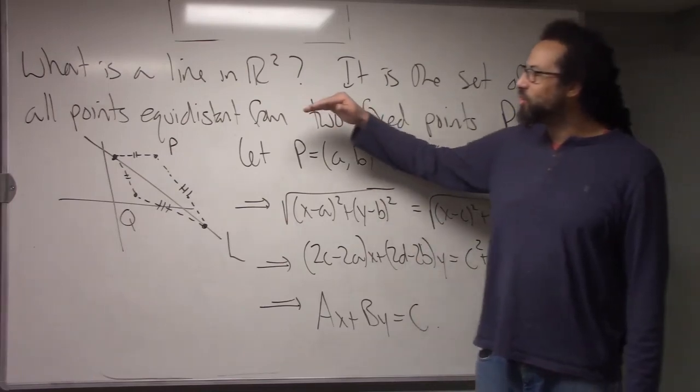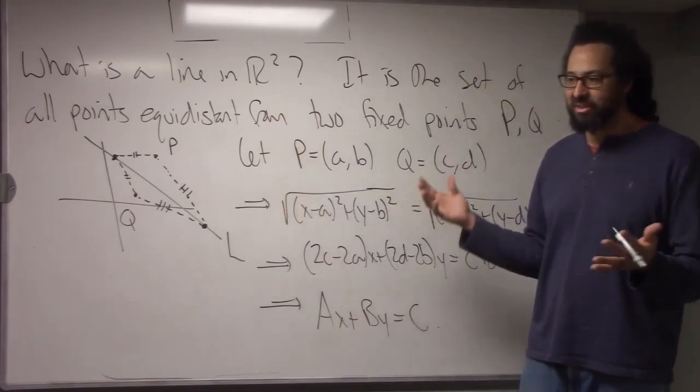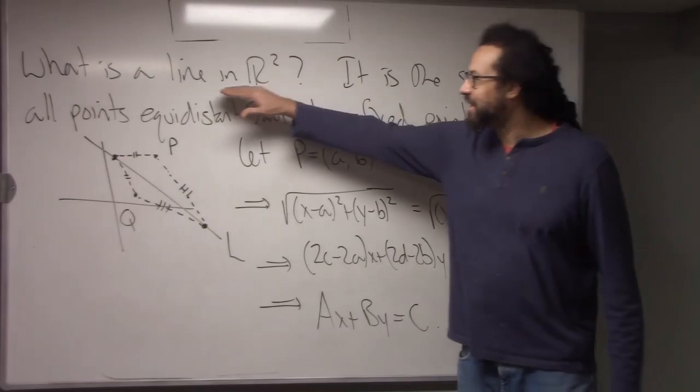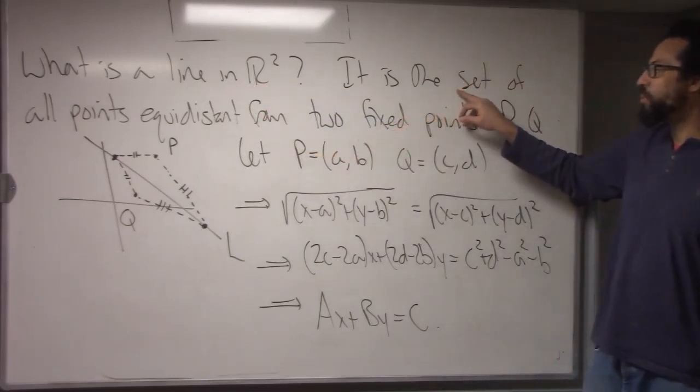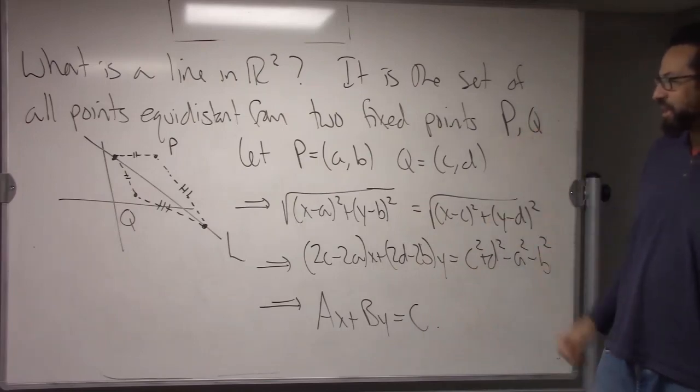One way that you can describe a line, even though it's undefined, maybe in the Cartesian world, is to say that a line is the set of all points equidistant from two fixed points. Call them P and Q.